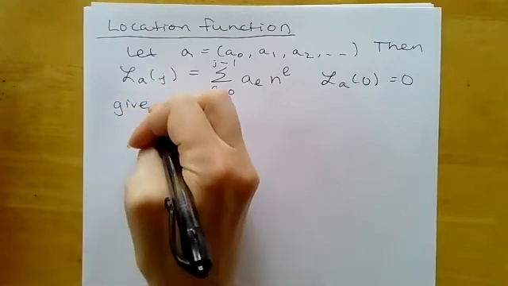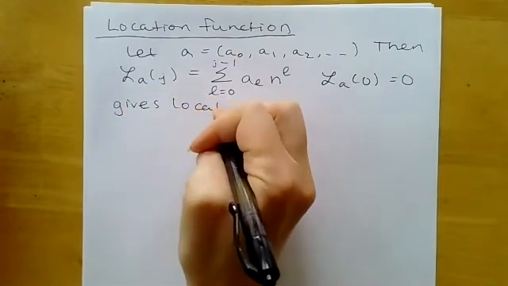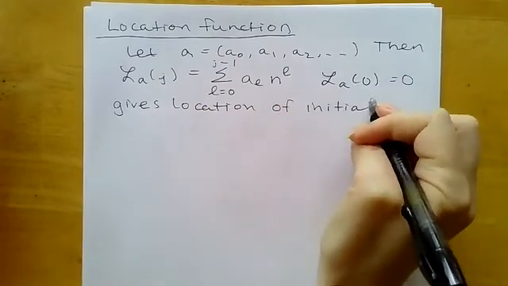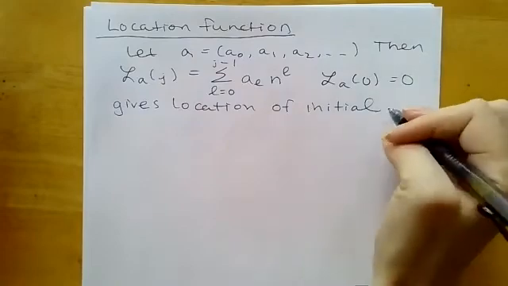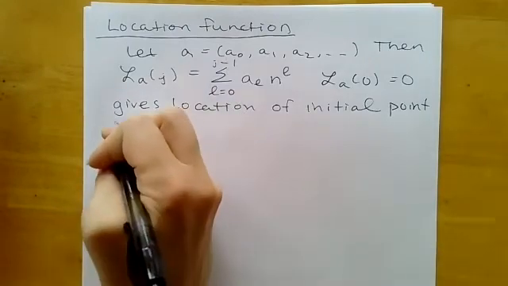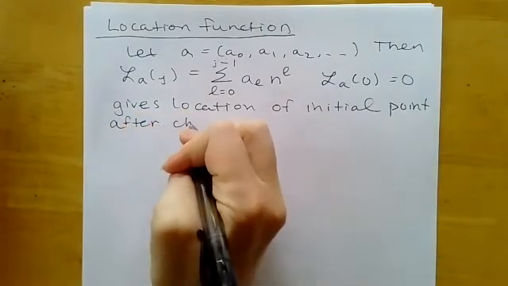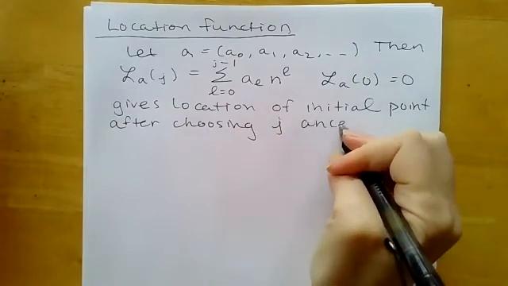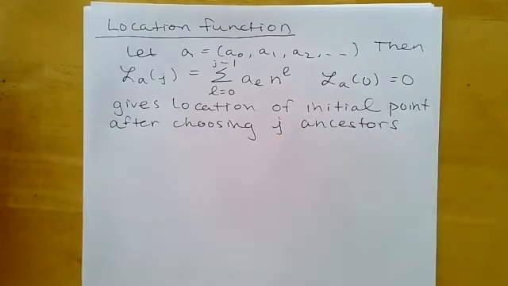This gives the location of the initial point. So for the standard grid, this would be the initial point 0. For the 1/3 shifted grid, again, I would have to specify the sequences, of course, but this will give the location of the initial point 1/3 after choosing J ancestors.